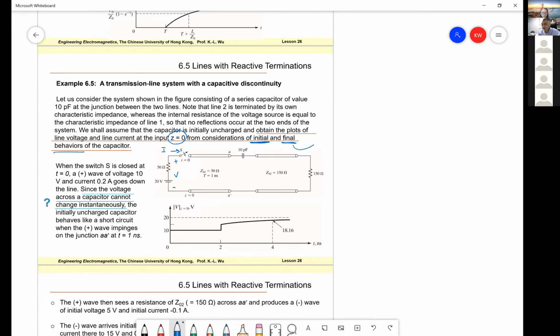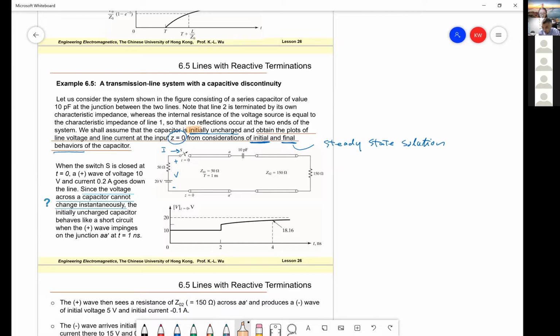The final behavior is the steady state solution. We have an initial condition: the capacitor is initially uncharged.